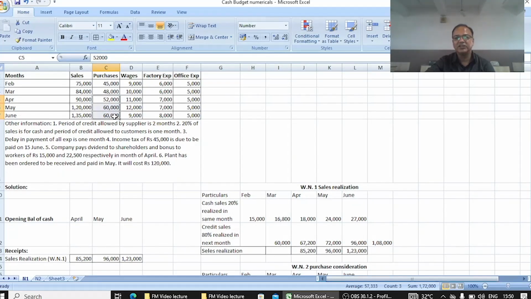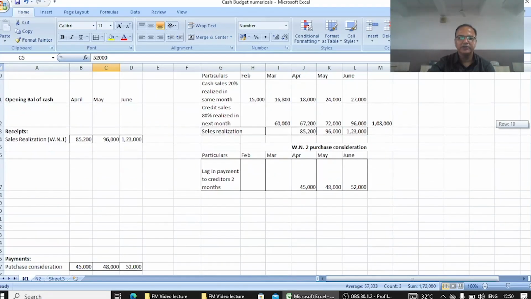But if we see the record of payment, 45 was paid in month of April, 48 was paid in month of May, and 52 was paid in month of June. And we have to record the amount actually paid in these 3 months. So I write here 45, 48 and 52.